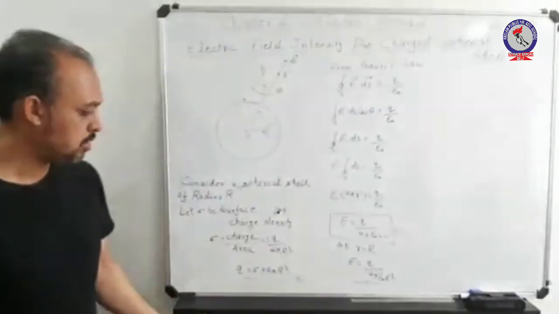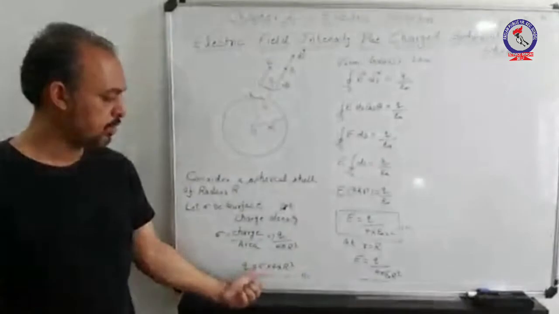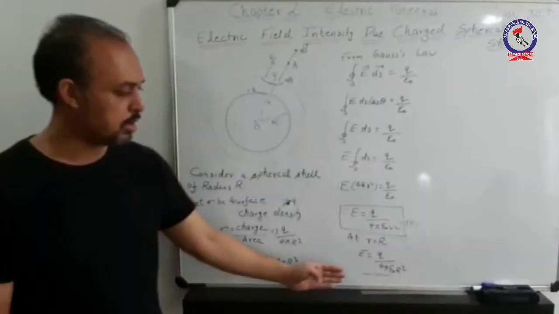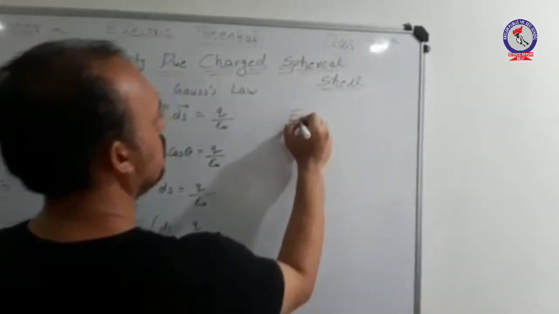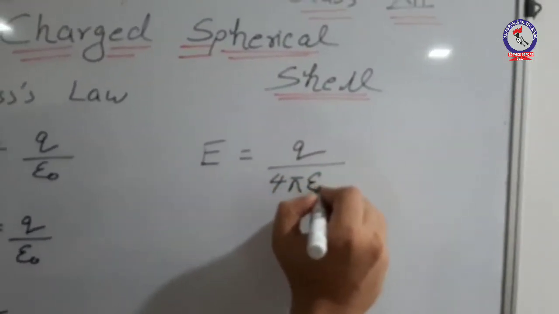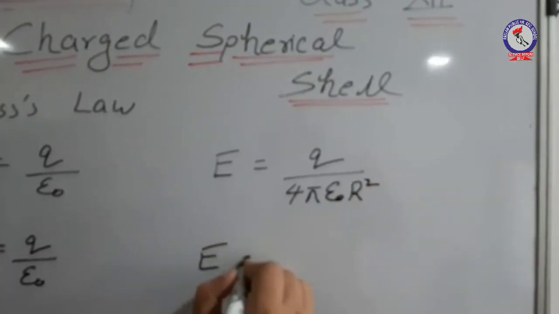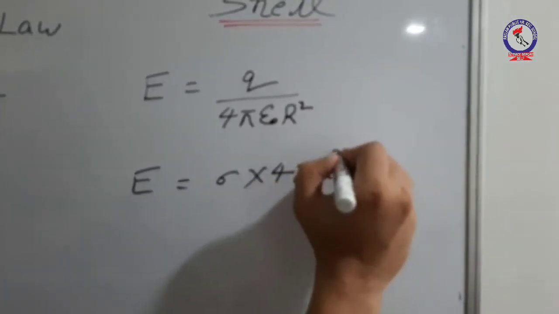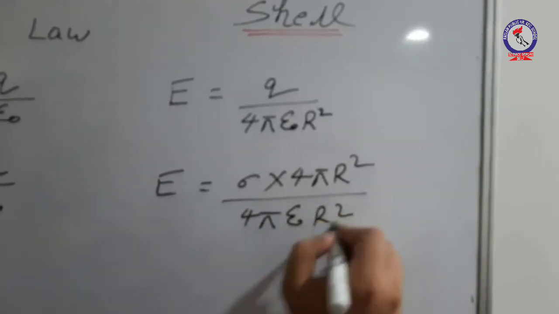Now we have just studied that the total charge is equal to sigma multiplied by 4 pi r square. Substituting the value of total charge in this equation, E equals sigma multiplied by 4 pi r square upon 4 pi epsilon 0 r square.